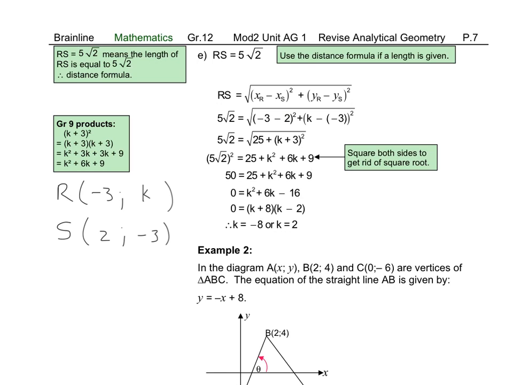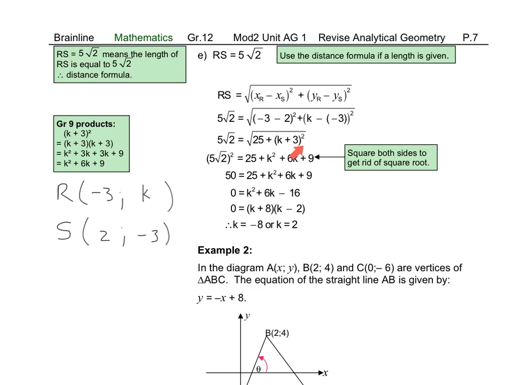Minus 3 minus 2 is minus 5, and minus 5 squared becomes 25. Then the minus times the minus becomes a plus, and then I have to square my bracket, k being squared, 3 squared is 9, and then for the middle term we have k times 3 times 2, which is 6k.